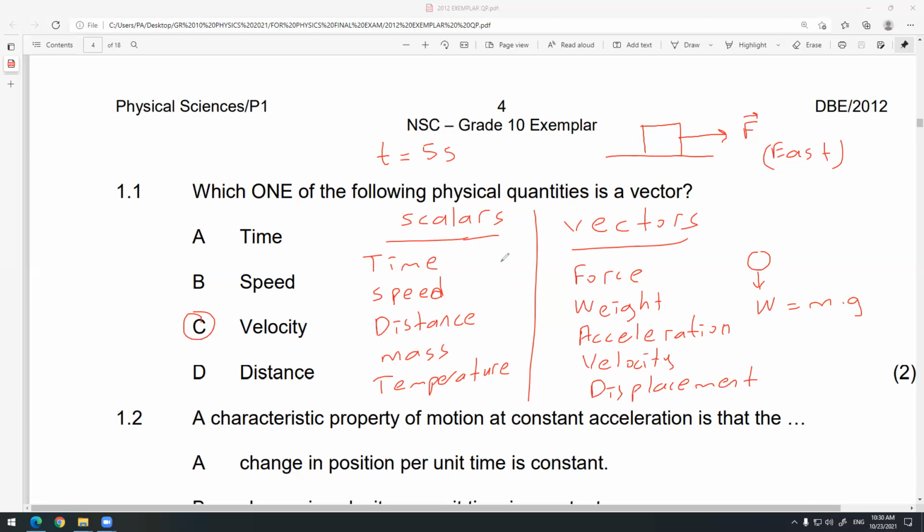They can change questions like that. Time, speed, distance, mass, temperature are all scalar. Force, weight, acceleration, velocity, displacement are all vector quantities. When you come to question 1.1 in the next past paper, it's going to be easy for you. Let's continue. Next question, question 1.2 now.